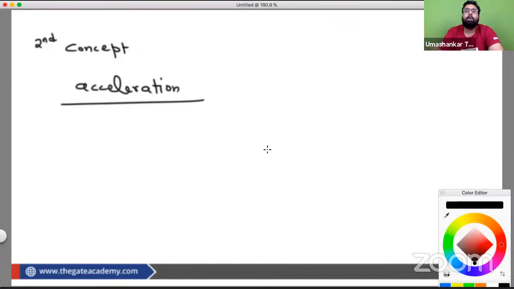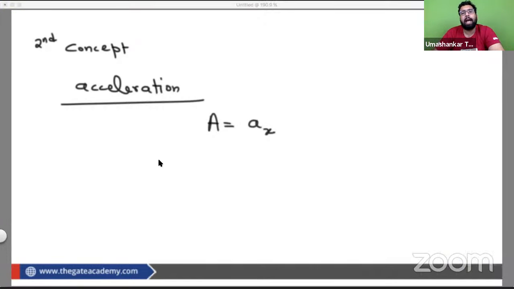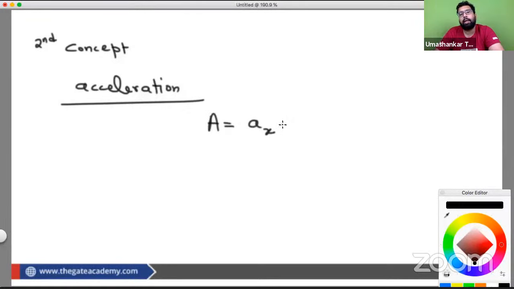Yes sir. Since it is also a vector, similar to velocity, it will have components in all three directions.